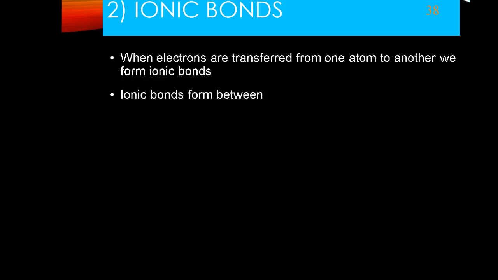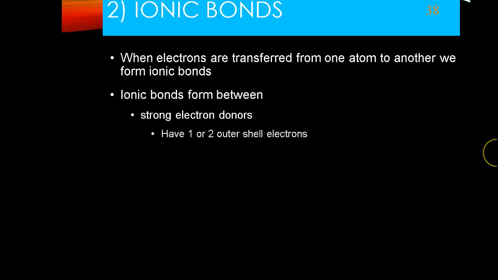So we can have strong electron donors. And if we have a strong electron donor, we know that that electron donor has one or two electrons in its outer shell, because it's easier for me to give up one or two than to take 6 or 7.